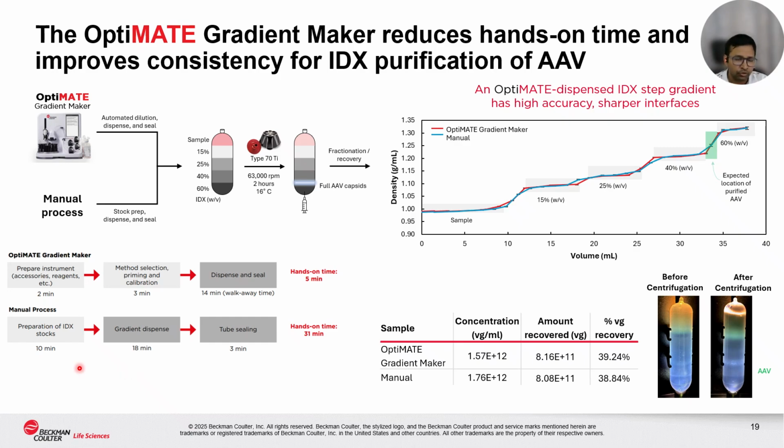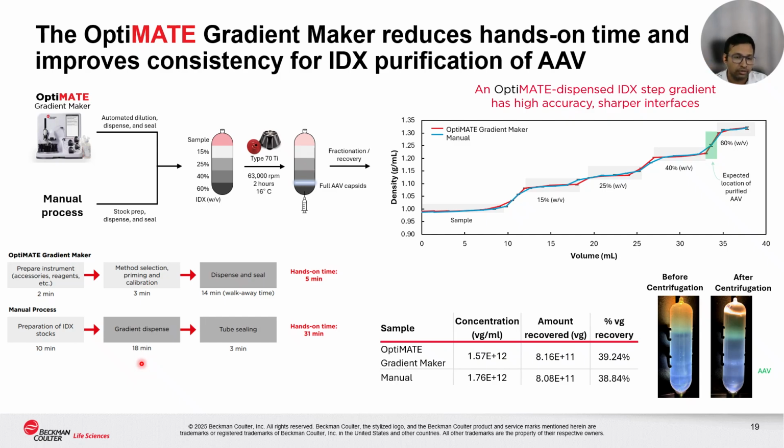So first step, focus on the time taken. In the manual process, we're using 39 mil tubes here. So preparing the stocks for each one of these layers takes a certain amount of time. And we're not involving any calculation time here, just preparing the stocks. And then you do the dispense of the step gradient, and this is time consuming because you do not want any diffusion occurring.